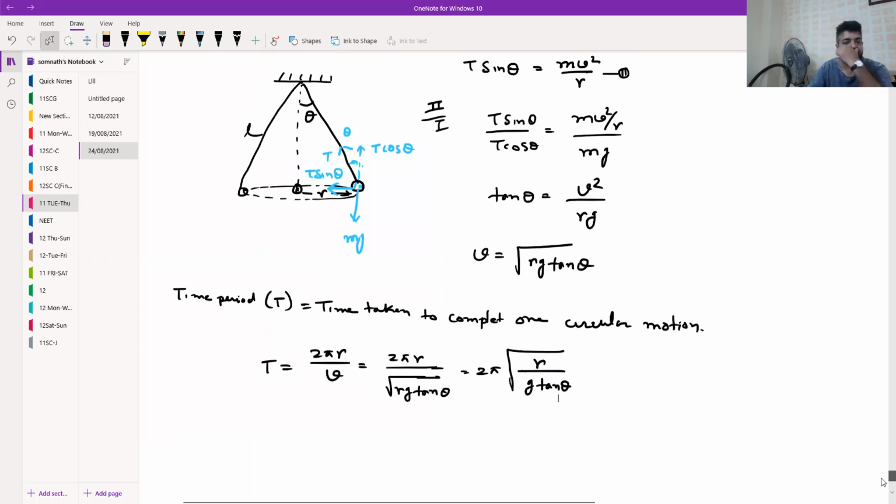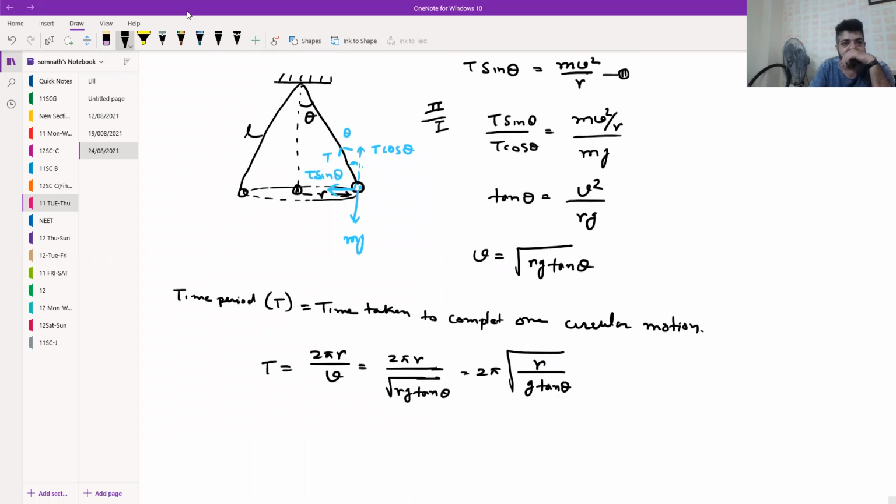Now see here a very important thing. If this length is L, along the base is L cos theta, and perpendicular to the base is L sin theta. Now radius is L sin theta and the perpendicular is L cos theta. So that is the height.